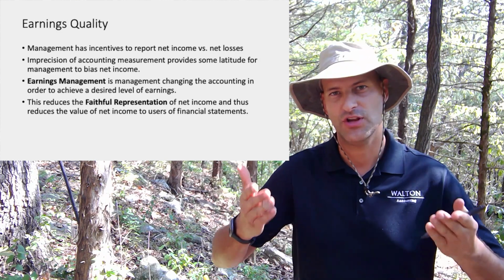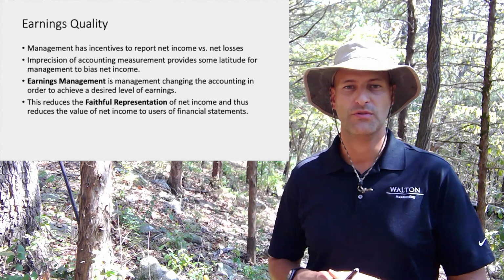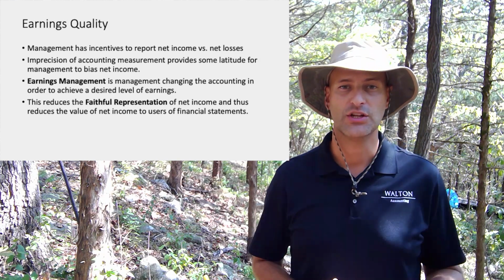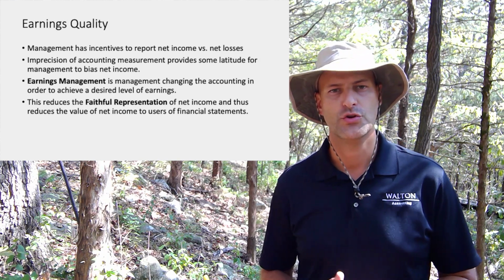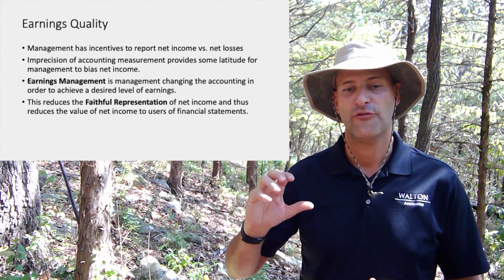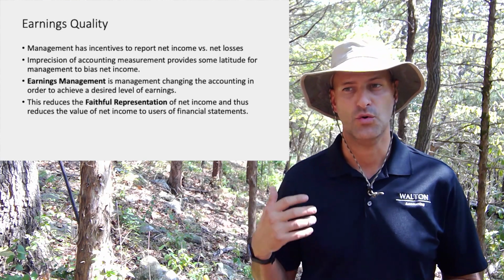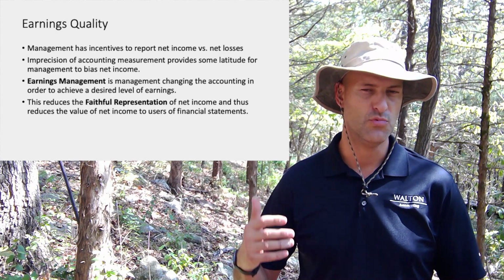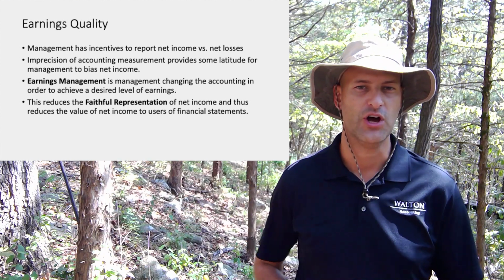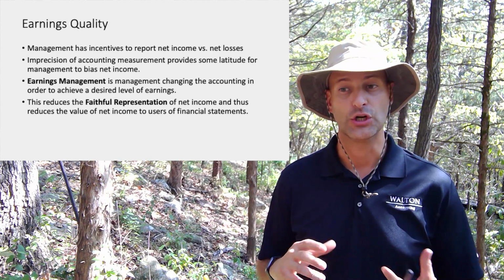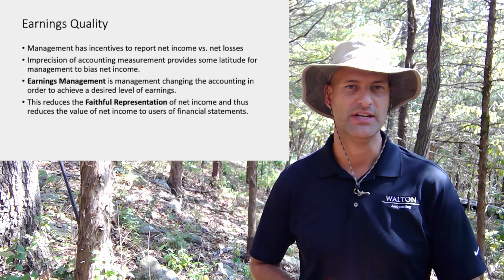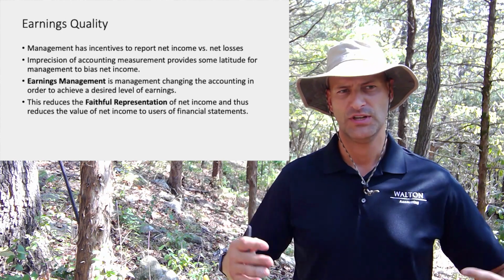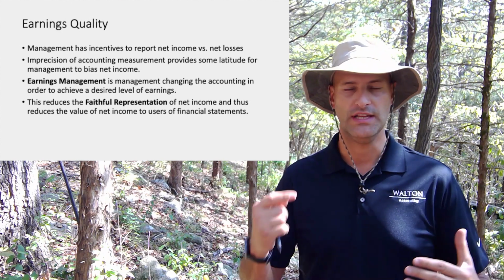So it's kind of a trade-off. When we refer to earnings management in the accounting literature, we're typically referring to management introducing their own bias, or even worse, moving almost to a fraud level of managing earnings to achieve stated benchmarks. So that's earnings management, which affects earnings quality, or the quality of the earnings being reported on the financial statements.